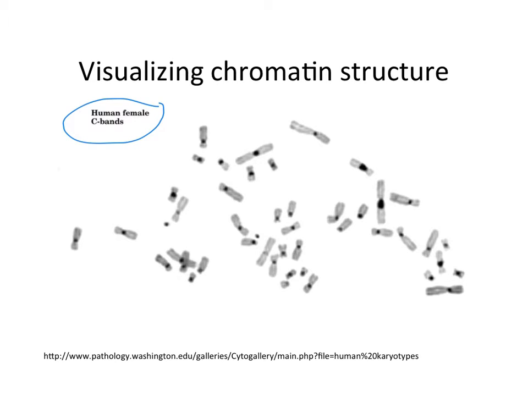In this case, the scientists that produced this image have treated these chromosomes with a chemical that creates what's called C-bands. So these are C-banded chromosomes. It's these dark spots that are the C-bands. They've reacted positively with whatever chemical was put on the chromosomes, and that's why the chromosomes are darker there.